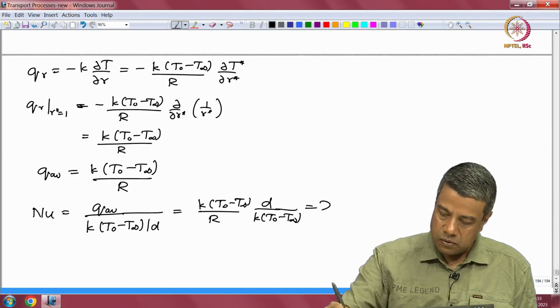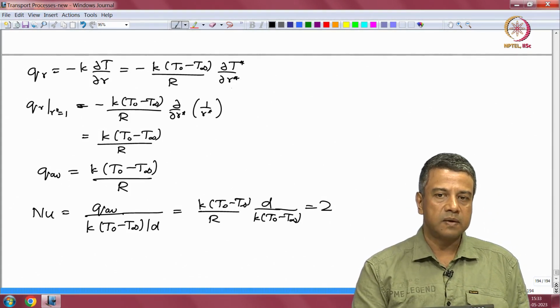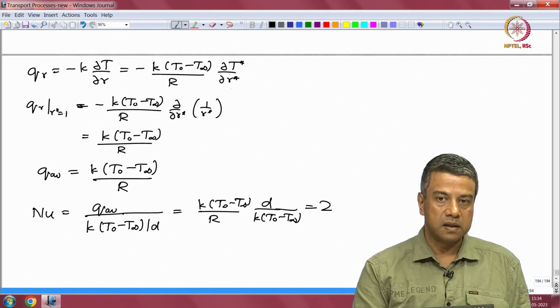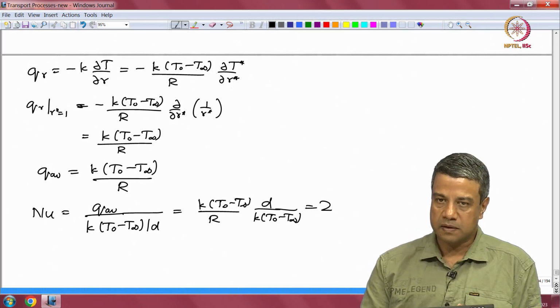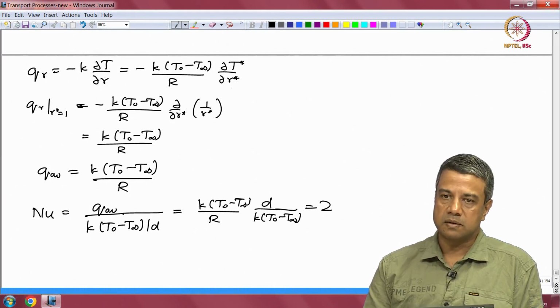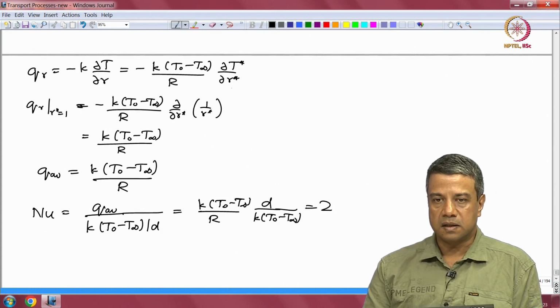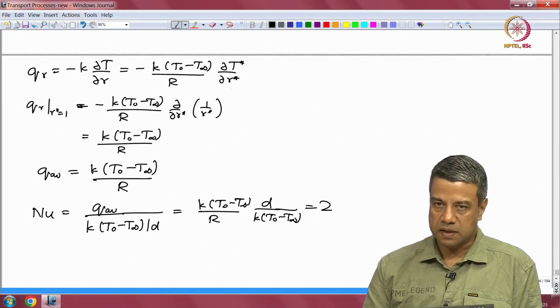This is equal to 2. This is the expression that we had presented earlier for Nusselt number in the limit of low Peclet number. Diffusion dominated Nusselt number is equal to 2. This is the derivation of that particular correlation.